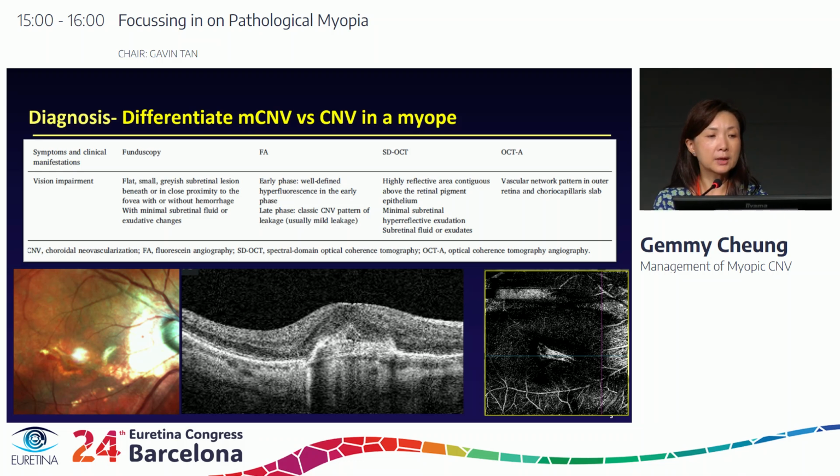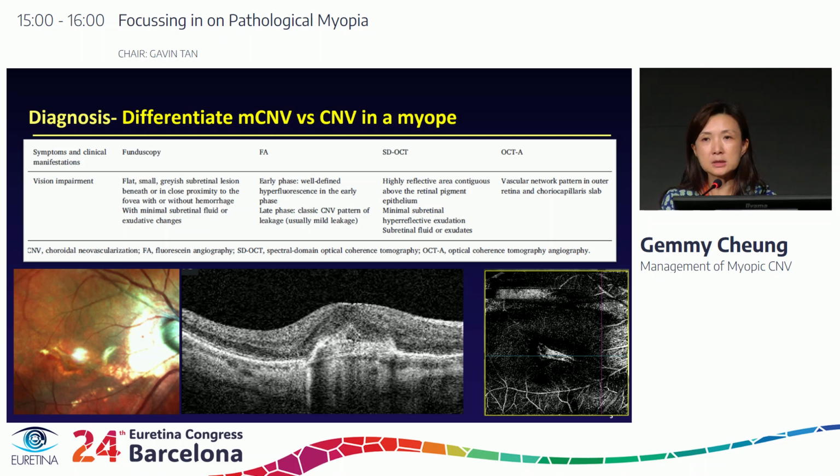Here we can look at the color fundus or fundus examination. We will often see a grayish, small membrane with some hemorrhage. However, in a myopic fundus, it can be quite difficult to differentiate that sometimes.